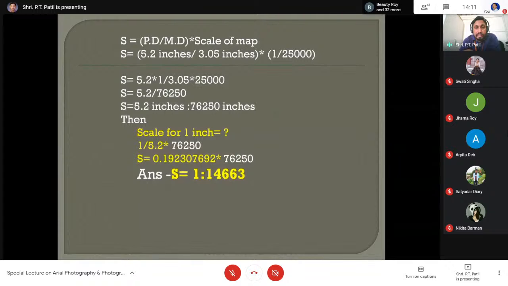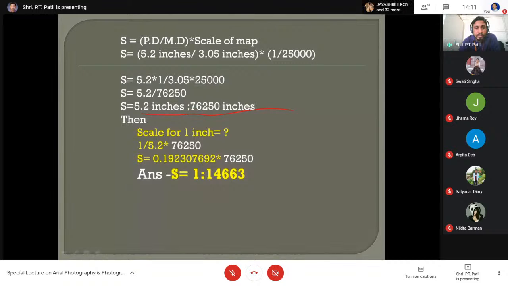We multiply these figures by the scale of the map, and automatically we get 5.2 inch representing 76,000 inch on the ground. We have to convert it into one, because we have to find out what it is for 1 inch instead of 5.2 inch. Here the scale is representing only 5.2 inch, so we have to convert it into 1 inch.